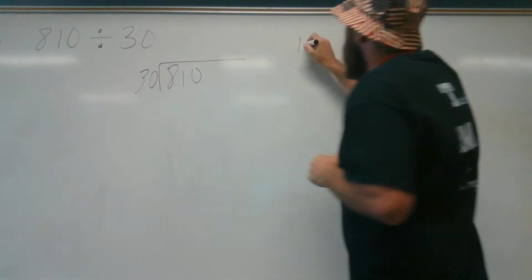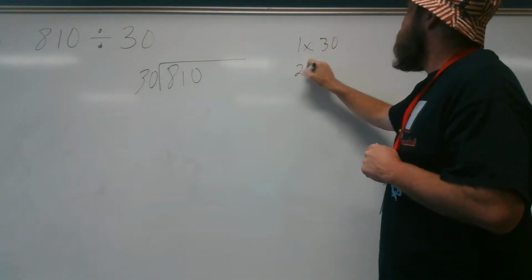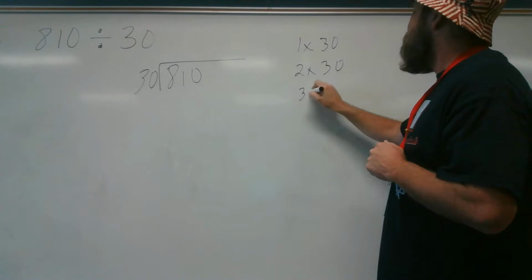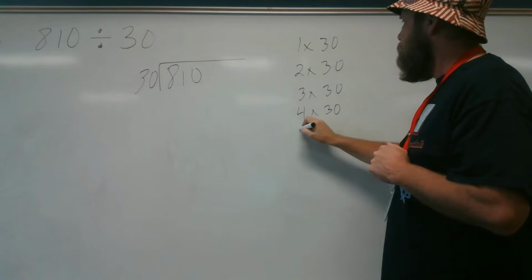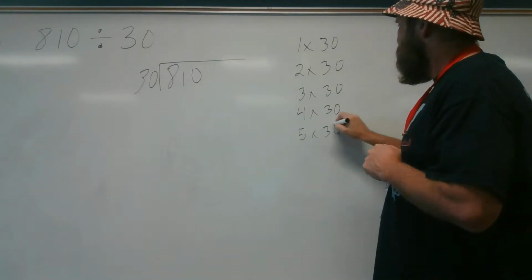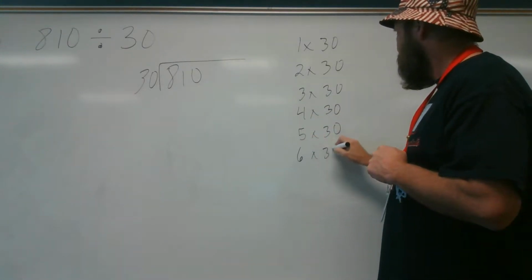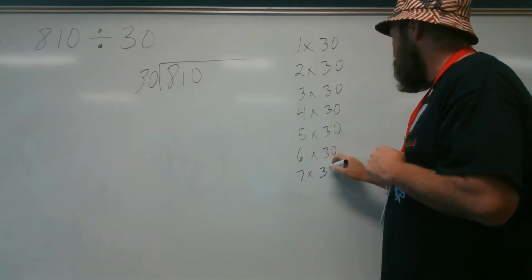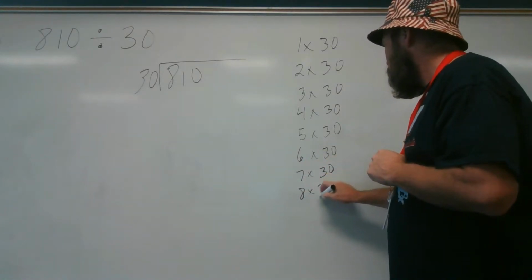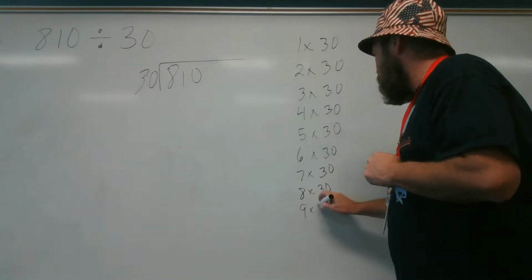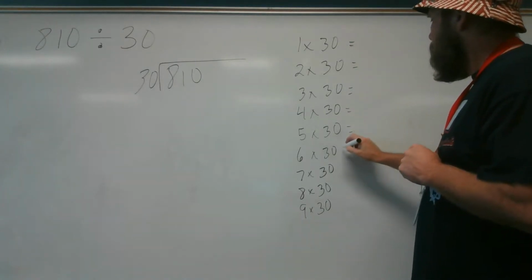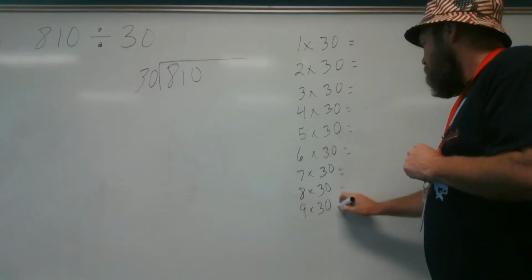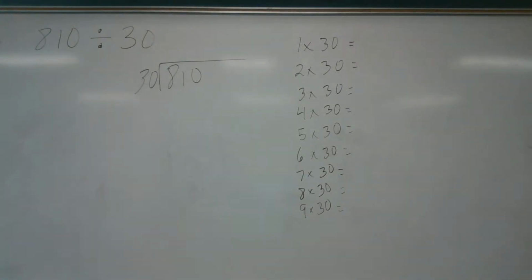So if I do 1 times 30, 2 times 30, 3 times 30, and many of you aren't doing this in your journal, so that when we have to do something like this again, and you don't have that to refer to, then you're capable of making the same mistakes, which would be tragic.